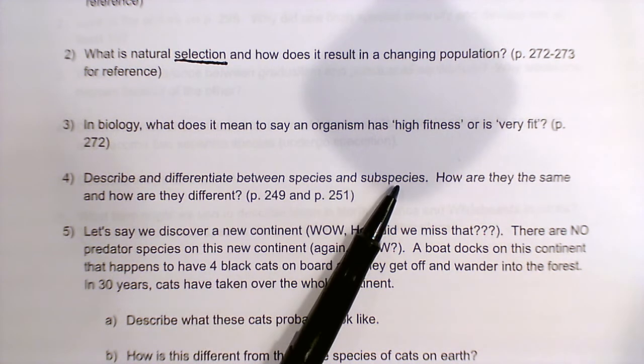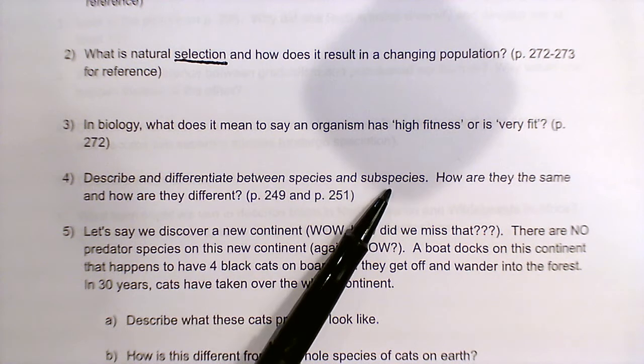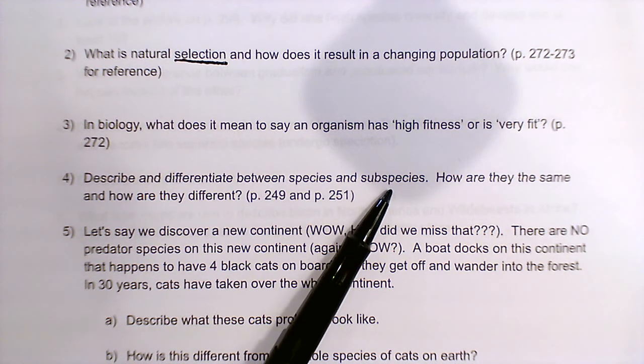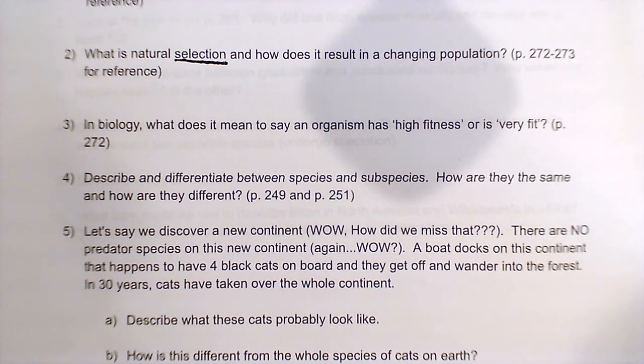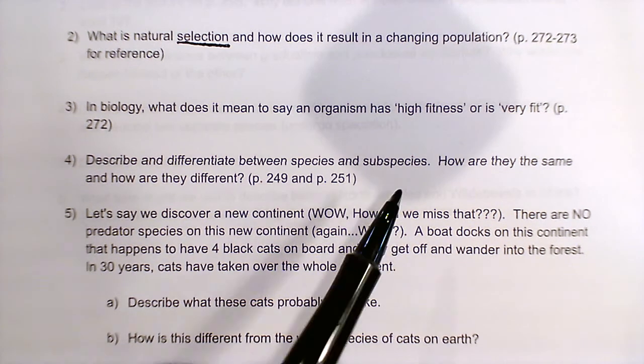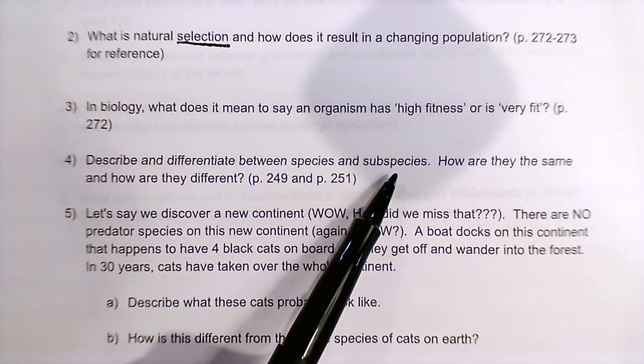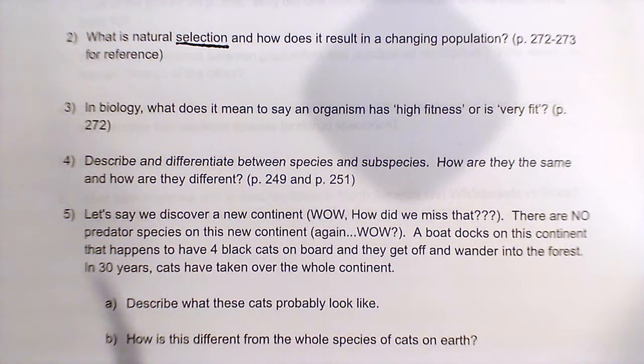A subspecies has a certain set of traits that sets them apart. So remember, subspecies included things like breeds, varieties, strains. Some biology textbooks say race, not all. That's kind of a charged subject. But the idea is they have some differences from each other, but they are still the same species.